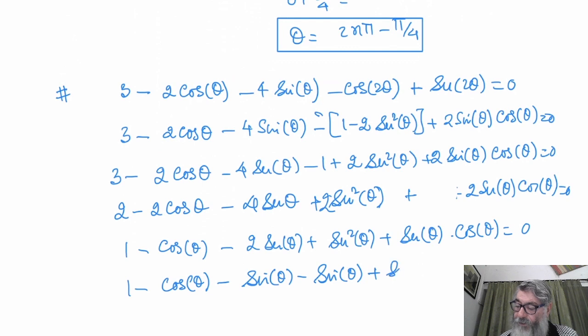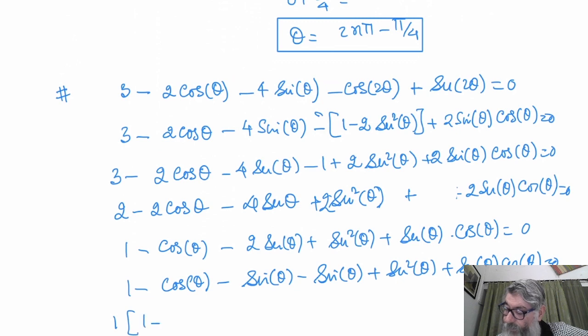Out of the first, we will take 1 common. It will be left 1 minus cos theta and minus sine theta. Now let us see what can we take out common here. If I take minus sine theta common out of these 3, 1 minus sine theta and minus cos theta.